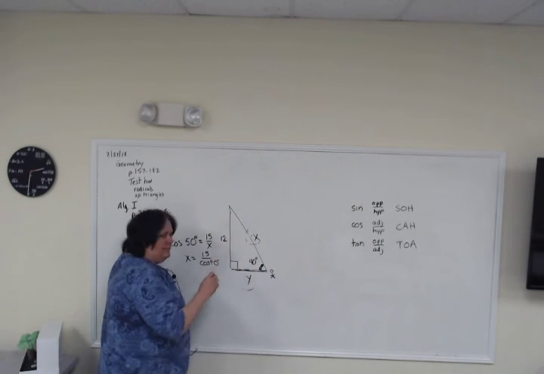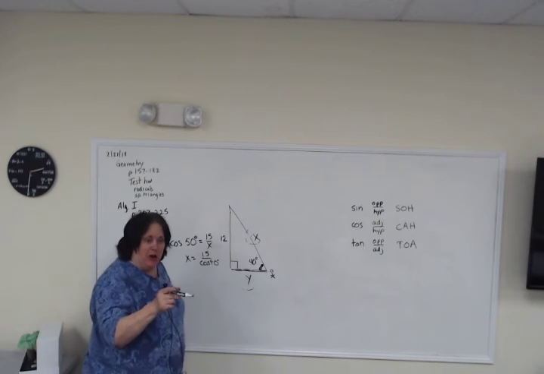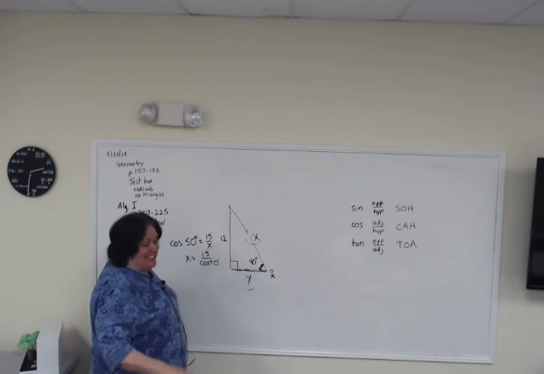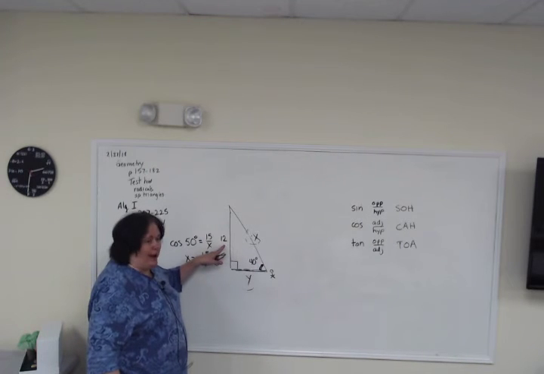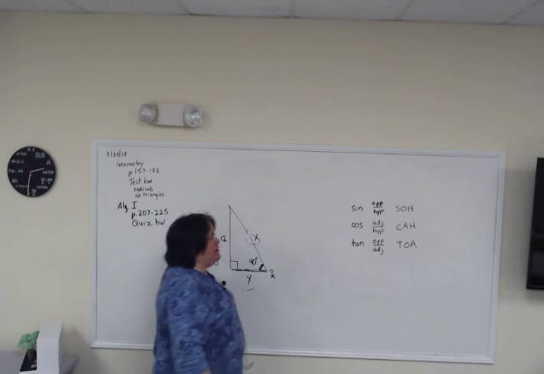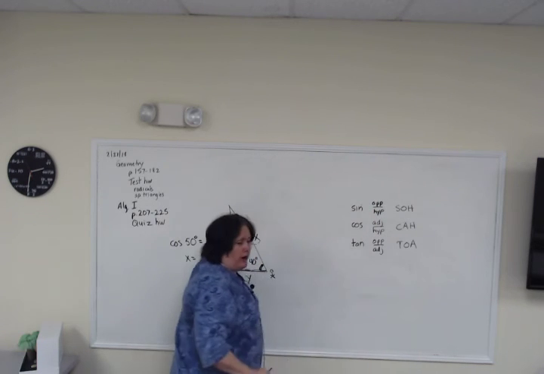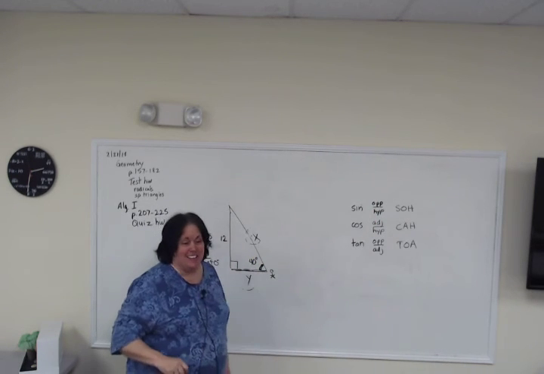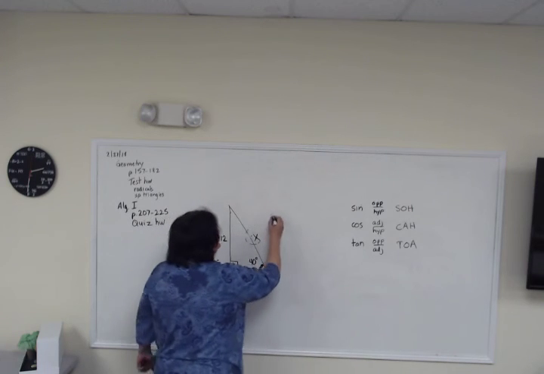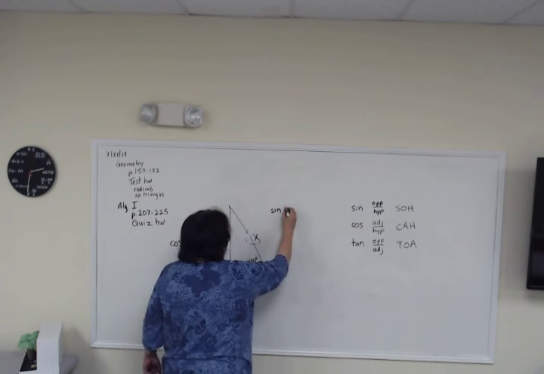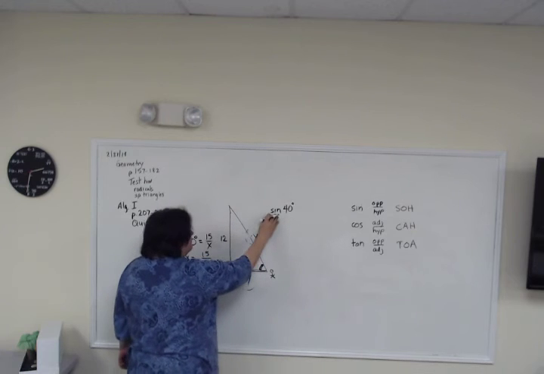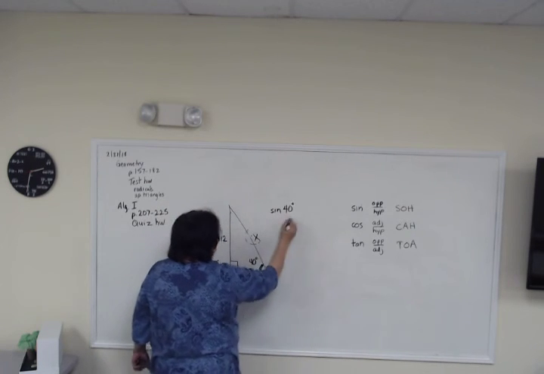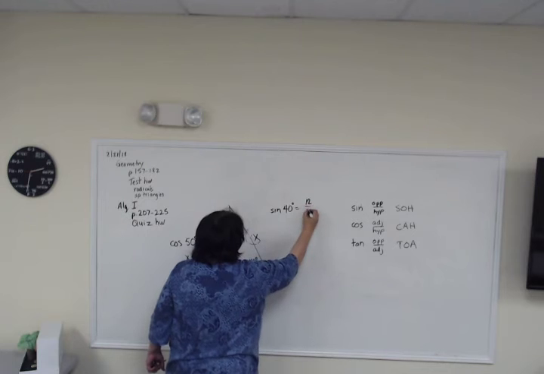I have my opposite side and I want my hypotenuse, so yes, I'm going to use sine. Very good. So I'm going to say sine of a 40-degree angle, the ratio of opposite over hypotenuse, is 12 over x.